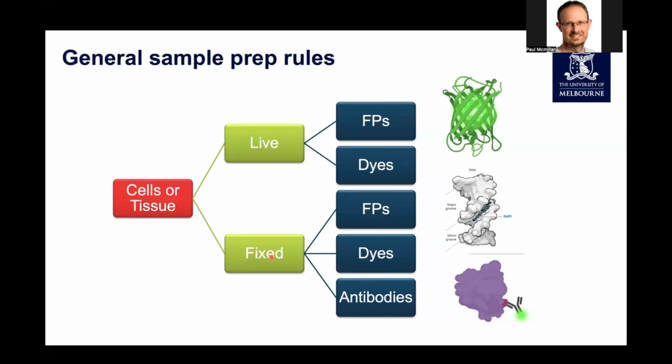If we're happy to fix our samples, then that opens us up a little bit more. So we can still use fluorescent proteins and dyes, but we can often then use antibodies as well to go in and identify specific proteins. So we're going to go through some things to consider for live cell imaging, and then we'll go through some of the steps required for fixed sample imaging.